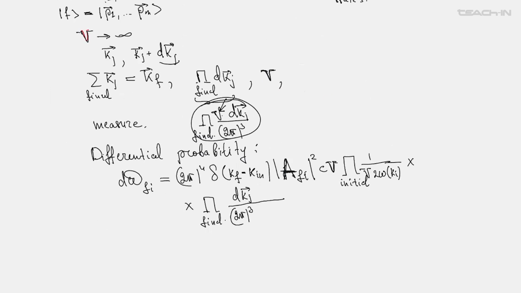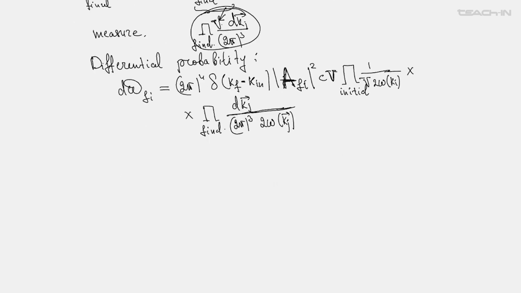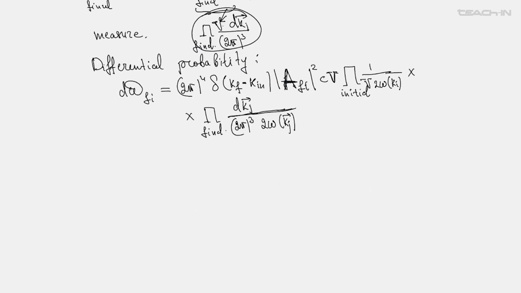So that removes from consideration the factors of V which are associated to the final particles. But on the other hand, it introduces these differentials dKj and defines this quantity, the differential probability.